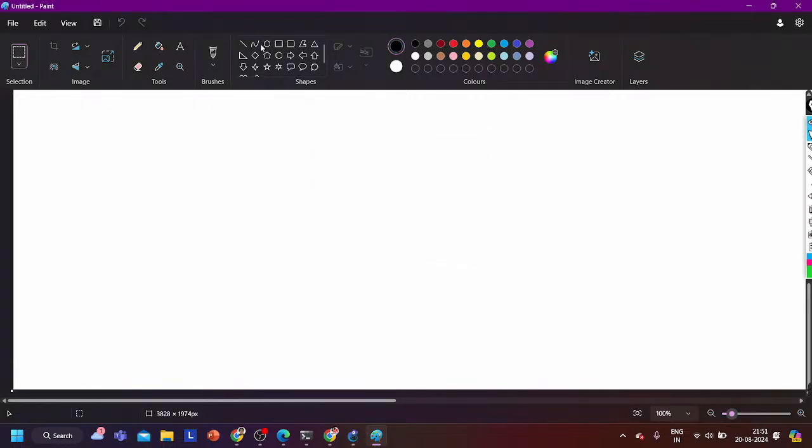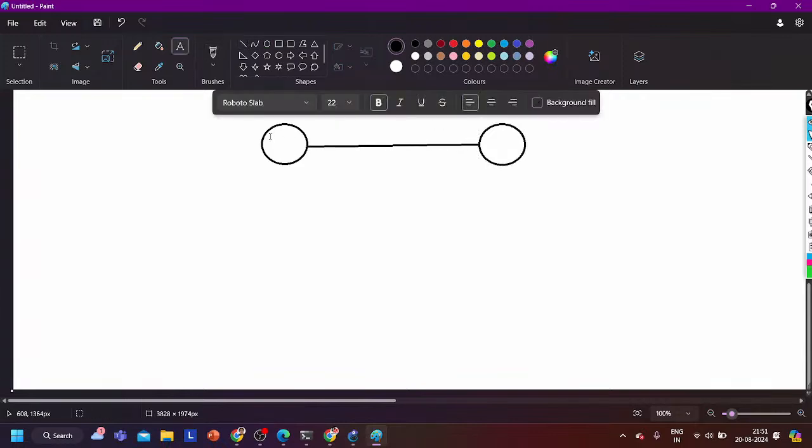Now see how the BGP protocol works. R1, R2. Between these two routers, I need to configure BGP. Let's say these two routers belong to different companies.